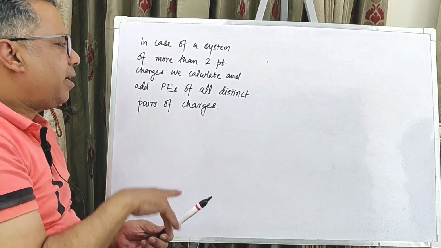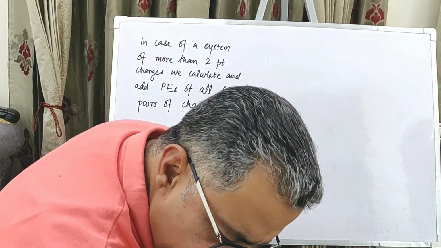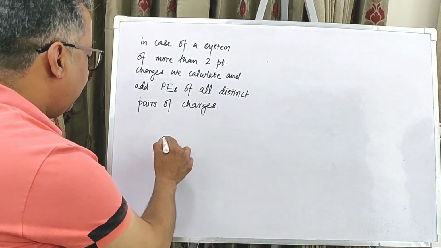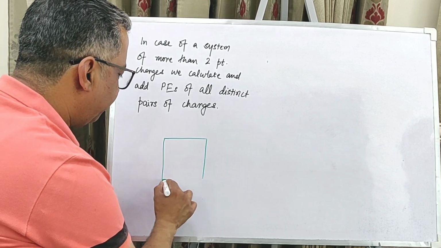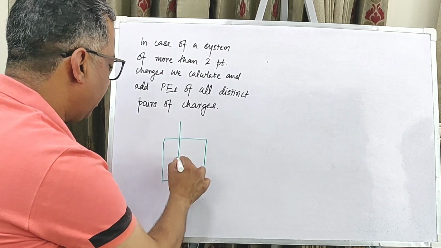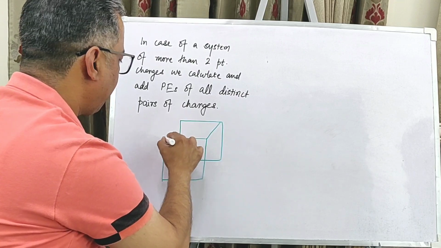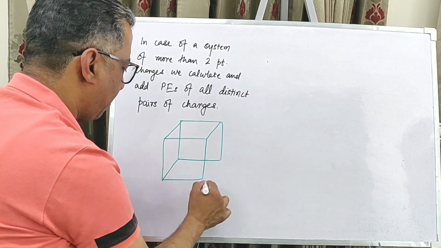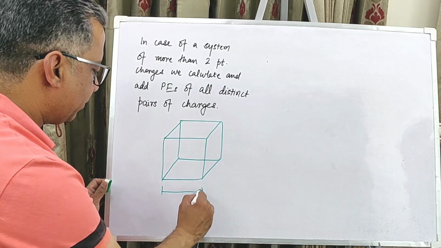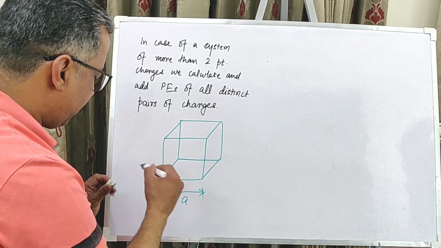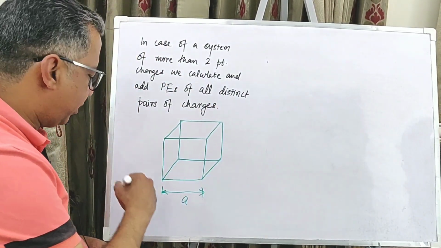Now, let's take an example where we do this, and we'll take a kind of a fun example. Think of a cube of edge length A. So we have a cube, and this cube has an edge length A, and now charges are placed on all its vertices.